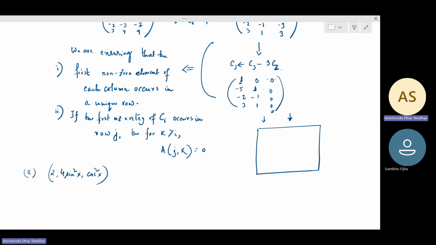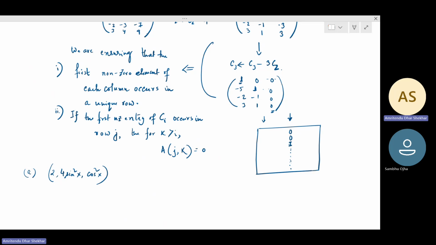That means you look at the column and find the row in which the first element is non-zero. Let's say you have a column that looks like this. So in the third row, you have found the first non-zero element. If you record this for each column, that is, the row index where you encounter the first non-zero element, then this should be unique for all non-zero columns.